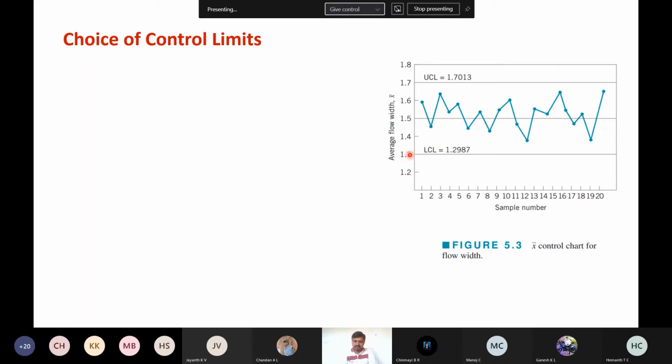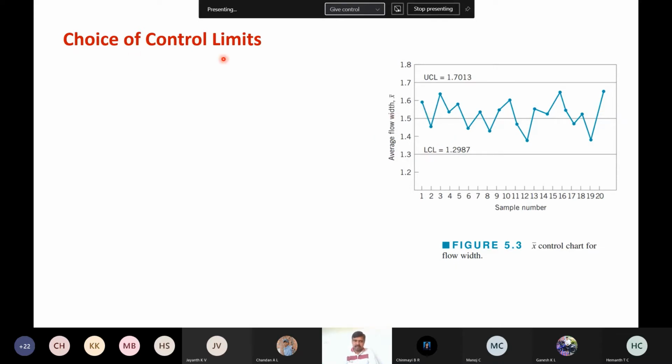They fixed the upper control limit as 1.7013 and the lower control limit as 1.2987 by using the equations for upper control limit, mu plus L sigma, and for lower control limit, mu minus L sigma, where L is the standard deviation units and sigma is the standard deviation value. That we will understand later.